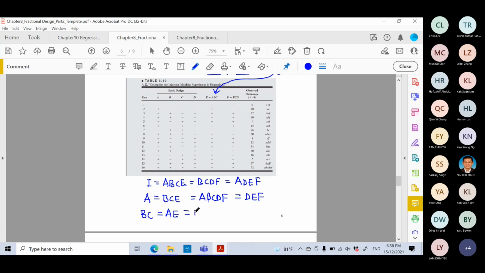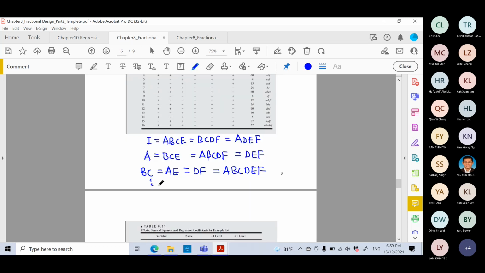Multiply BC, you get D. Okay, so you still can list down all of them. So all these things will be all the cases you have. You can list out all the possible aliases of this thing.